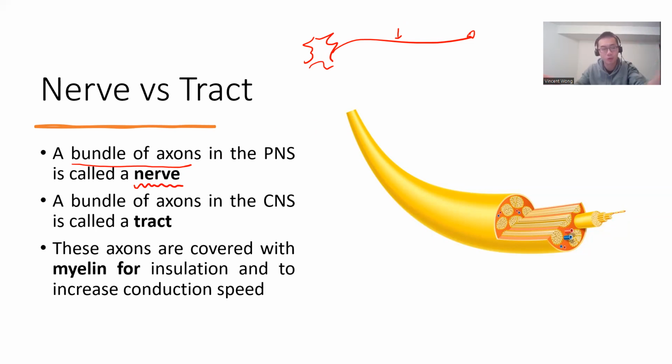You hear people say you struck a nerve, right? That's the nerve that carries the signal to the brain and the spinal cord, or it carries signals away. So a nerve basically carries signals to and from the CNS.